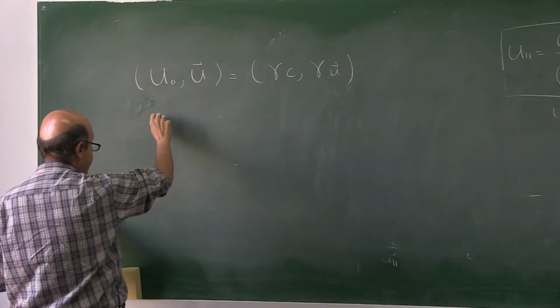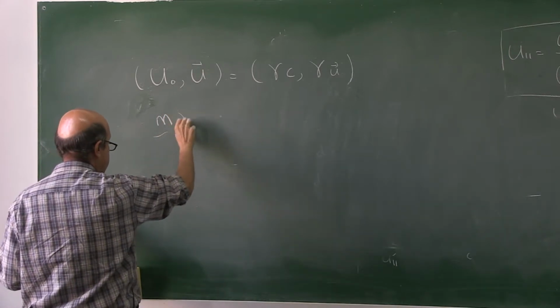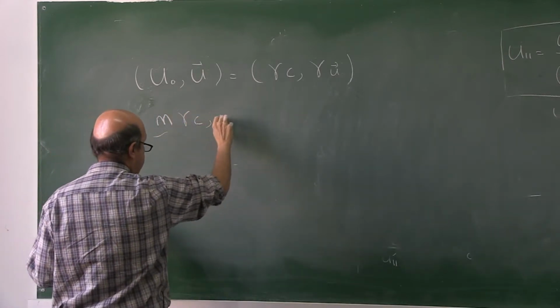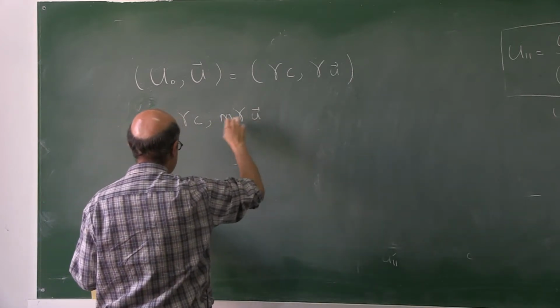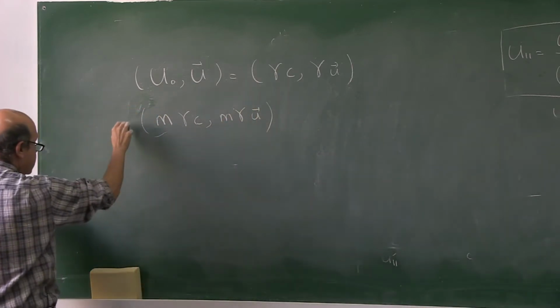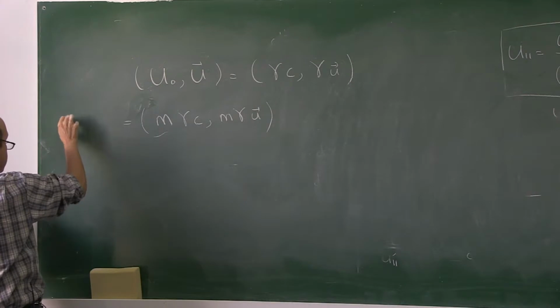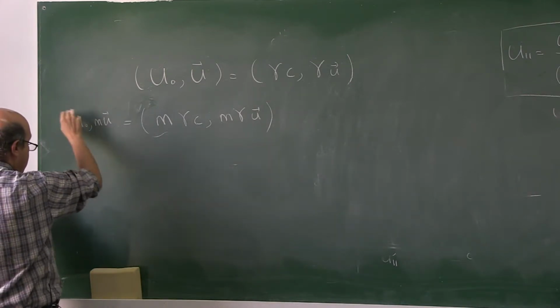So you will get m times gamma c, m times gamma u. That is nothing but mass times u0, mass times u.